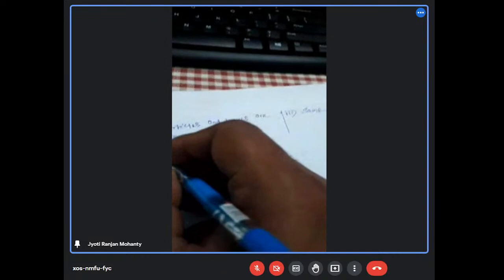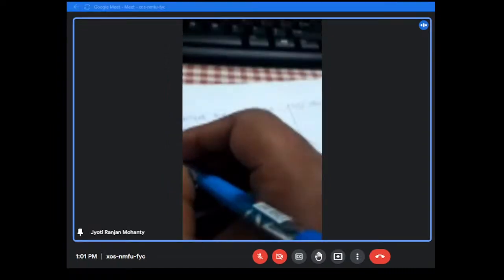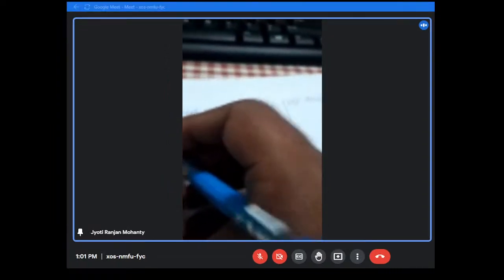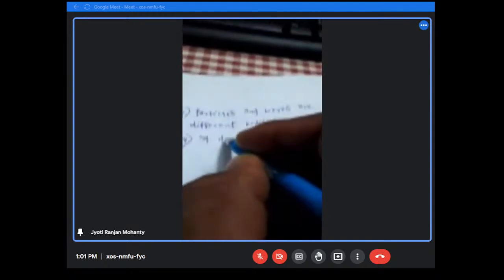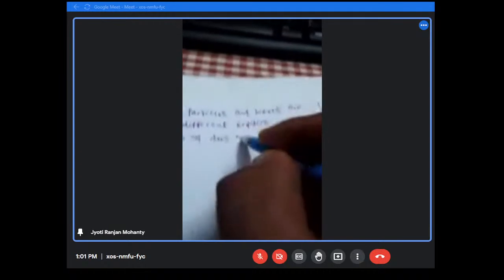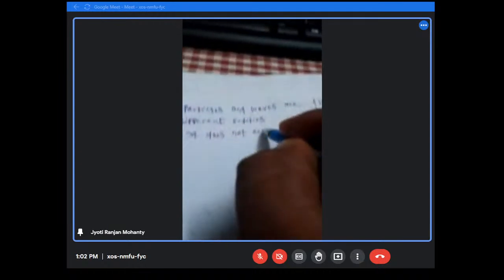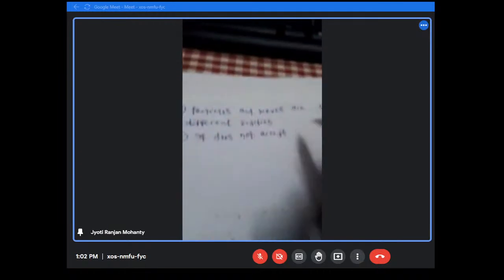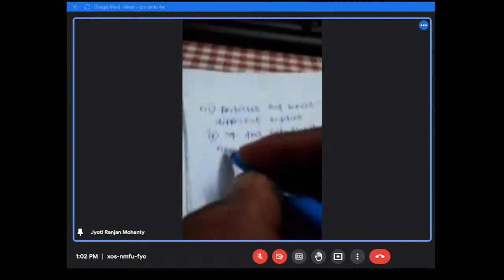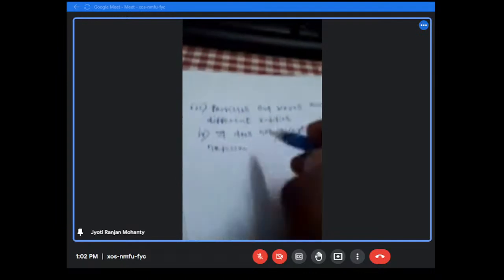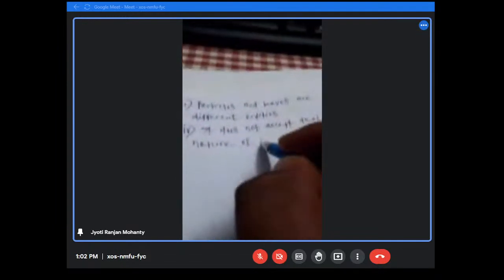Number 4 point: it does not accept dual nature of radiation.